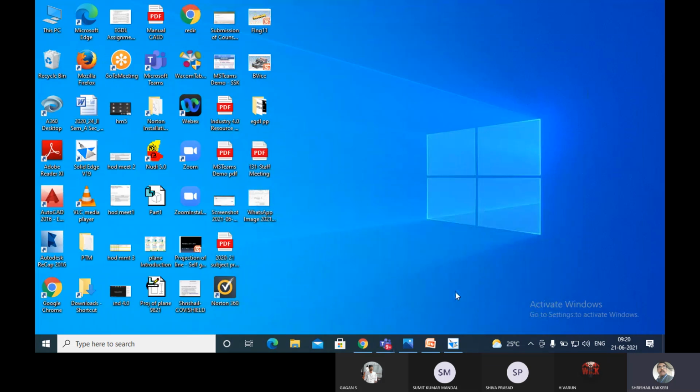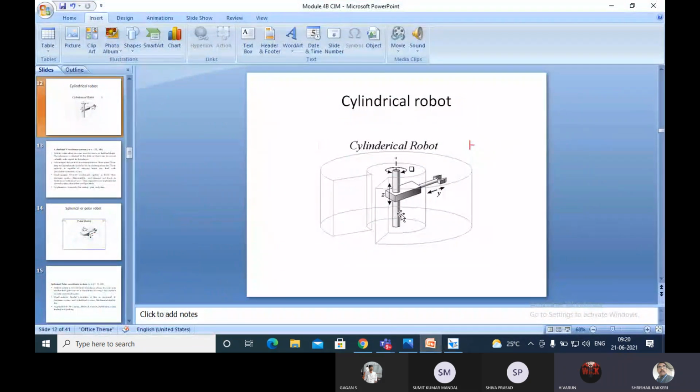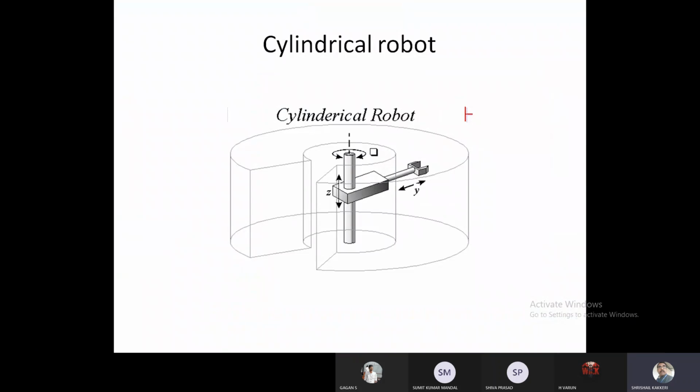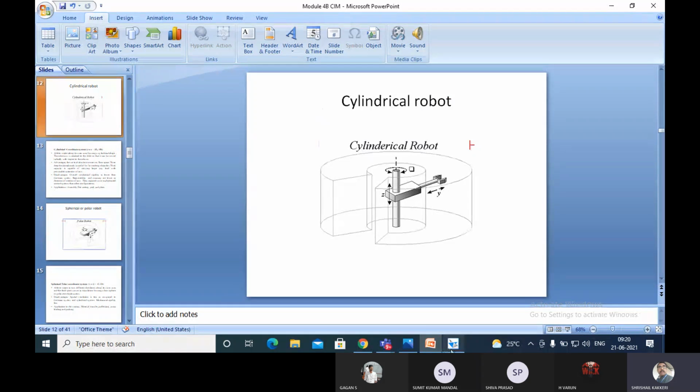So here also, the mechanical stability of these robots is not good enough compared to the Cartesian coordinate robot. The spatial resolution of the work volume will not have similar shapes for the same segments, so the repeatability and accuracy will not be good throughout the work volume of the robot.